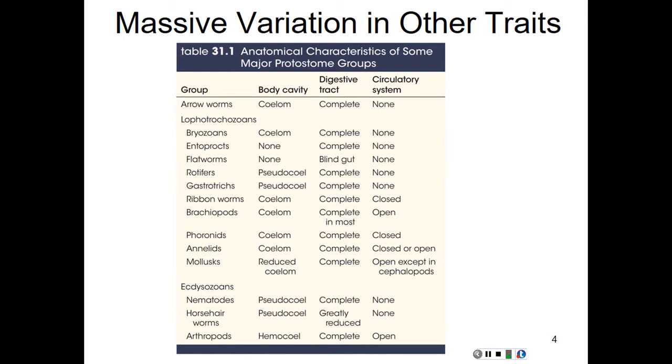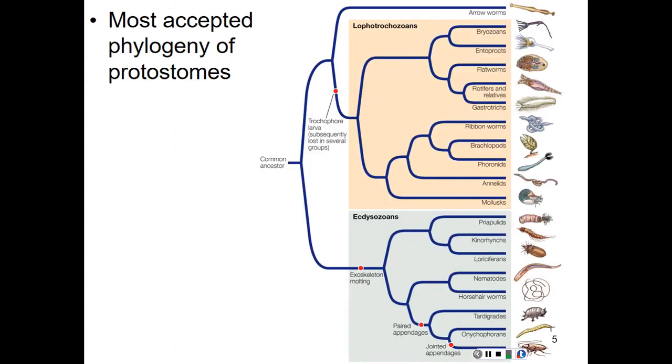There's variation in digestive tract. Some have a complete digestive tract. Some have a blind gut. Some are parasitic, so they have a greatly reduced or no digestive tract. And again, same thing with circulatory system. Some have an open circulatory system. Some have closed. Some can have either. Some have none. It's really all over the place.